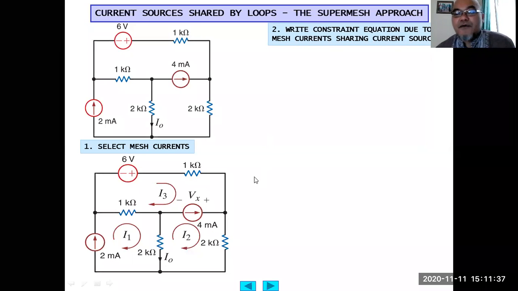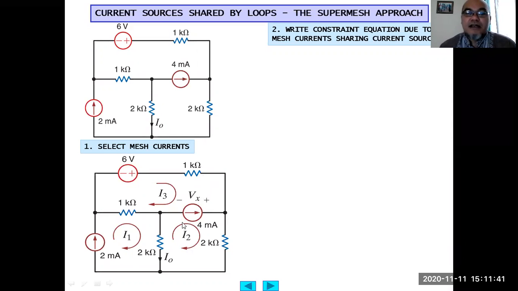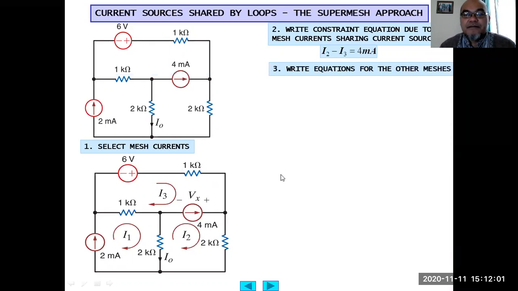Then we write a constraint equation due to the mesh currents sharing the current source. So I2 minus I3 equals 4 milliampere, because the direction of the 4 milliampere arrow is to the right, the same direction as I2. So I2 is positive, negative I3, equals 4 milliampere.